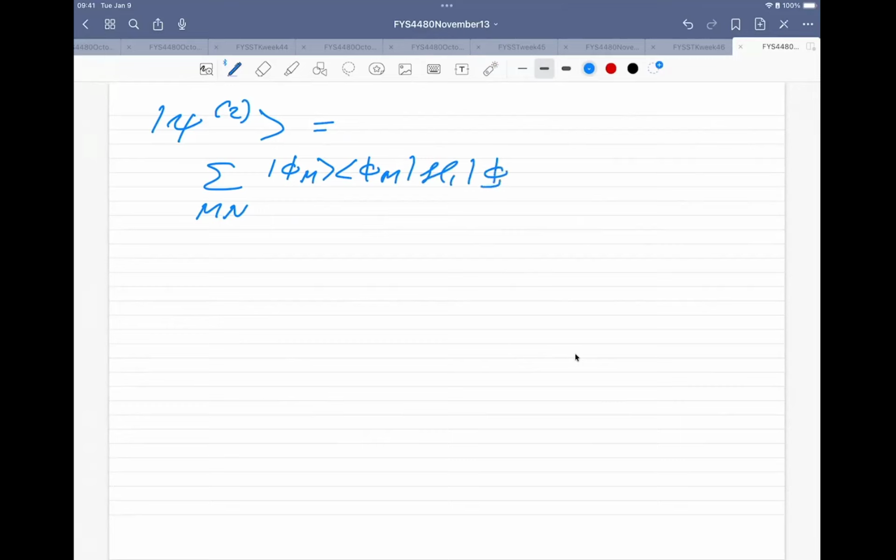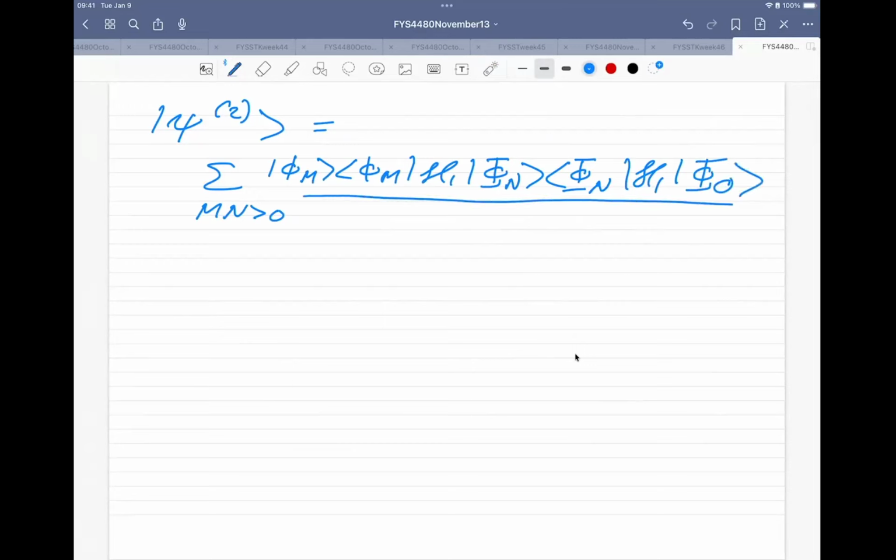And then we have the intermediate state, n. And they are all larger than 0. We have assumed a non-degenerate ground state and only one. And then I have a h of I, the interaction again, and then the ground state. And this is divided by epsilon 0 minus epsilon m multiplied with epsilon 0 minus epsilon n.